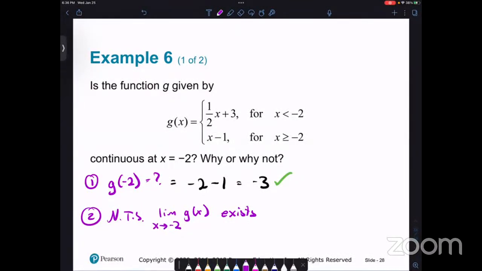As we approach -2 coming from the left, those y values are going to approach some number. As we approach -2 coming from the right, those y values are going to approach some number. If those two numbers are equal, then we say the limit exists and it is that number, right? So as we approach -2 from the left, we're going to use line 1, and then at that point we can just plug in.